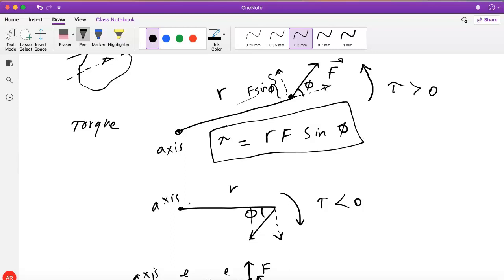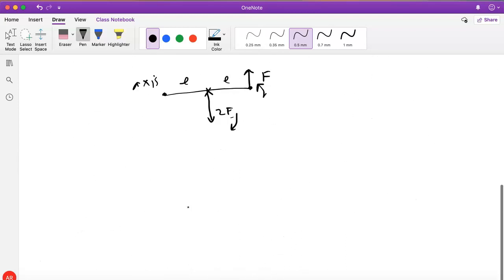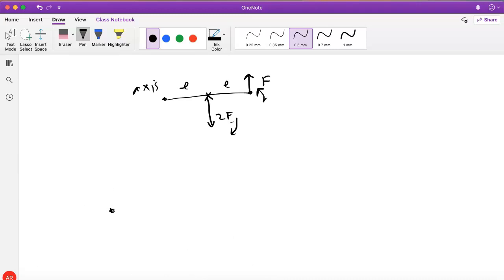But there's another way to visualize this. So let me go back to this picture, right? Again, let's say that's the axis. This is r. This is my force. And this is the angle phi.